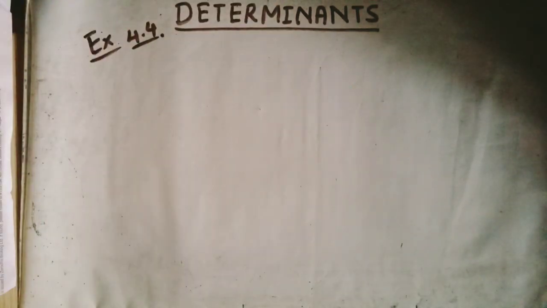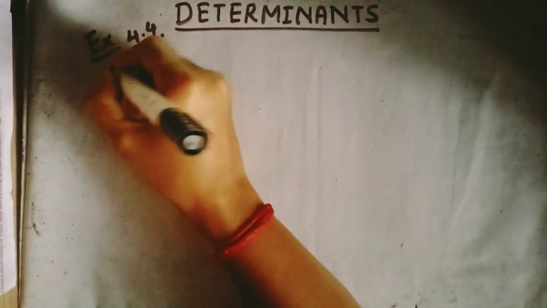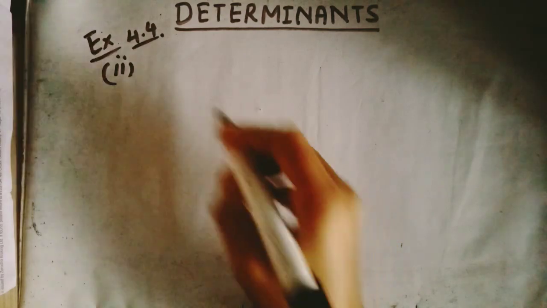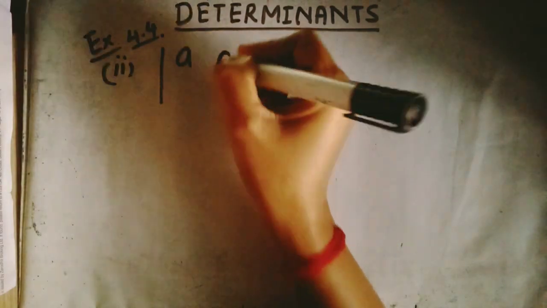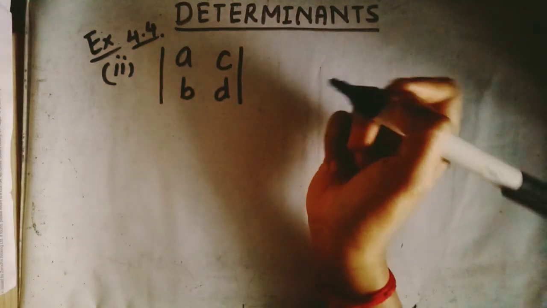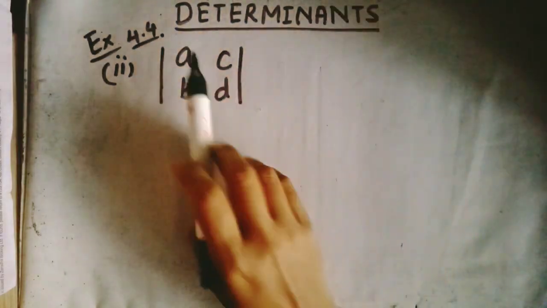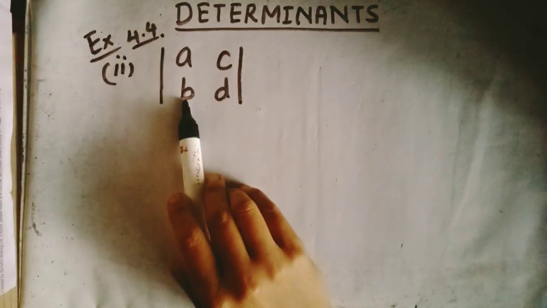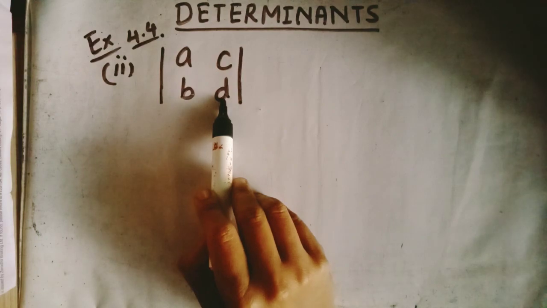I'll solve some of the questions. Okay, so question 1, second one, here your determinant is given to be A, C, B, D. You have to write the minors and the cofactors. So this is your element A11, A12, A21, A22, right?